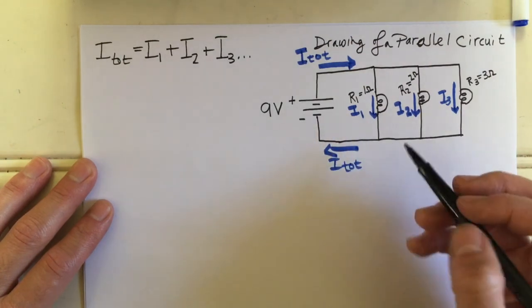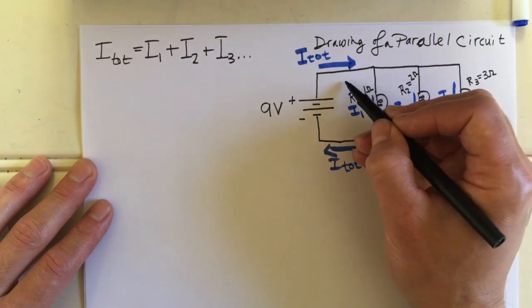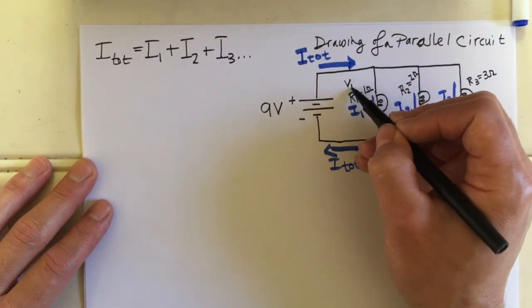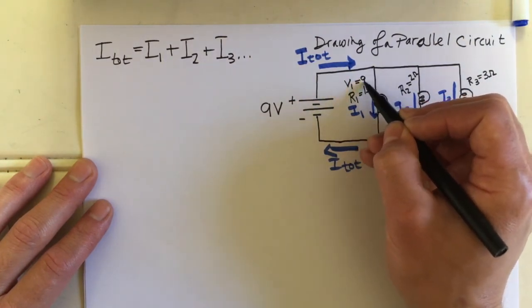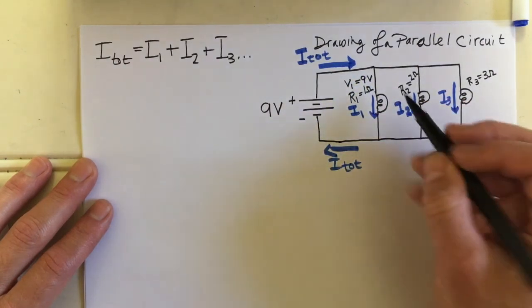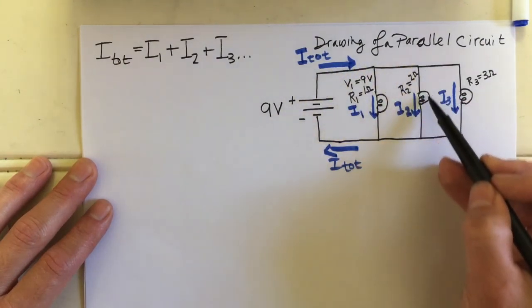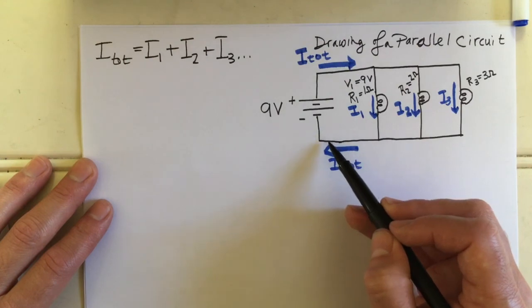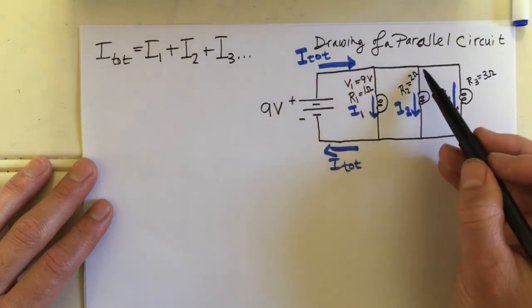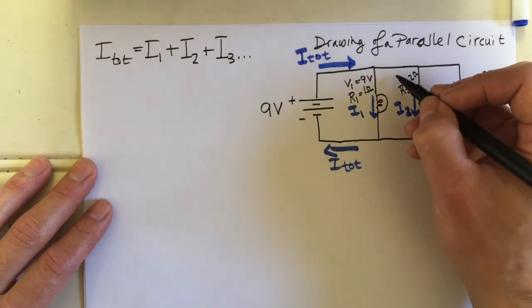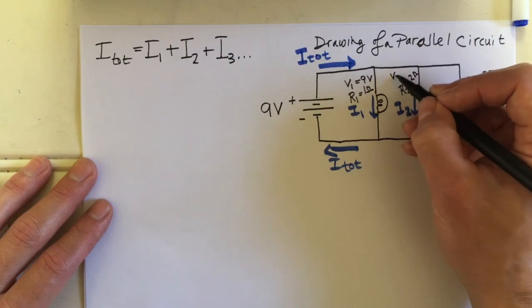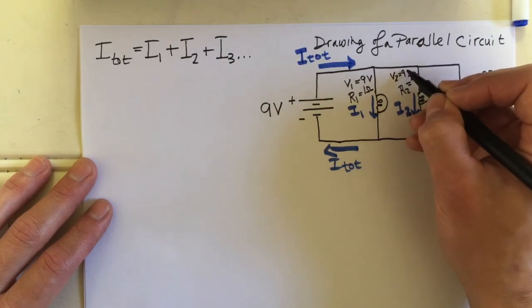So V1 across this bulb has to equal 9 volts. And for this loop of the circuit, that is also a complete loop, so you once again have to drop 9 volts. So V2 is equal to 9 volts.